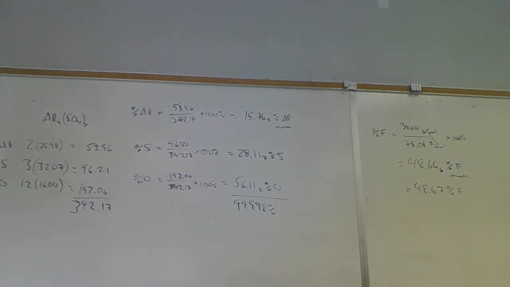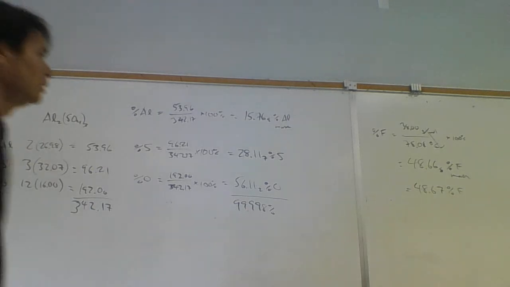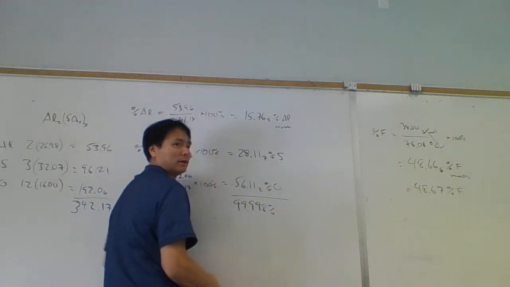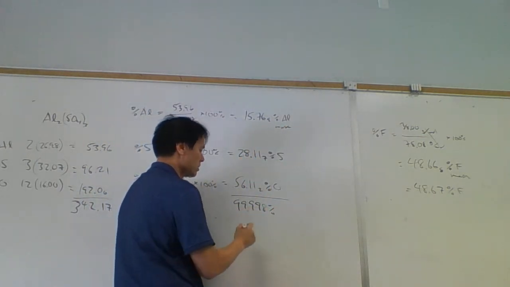What would you attribute that to? Was there some kind of impurity in there? No, there's no impurity because we have pure aluminum sulfate. You can't throw anything hidden in there. And so why isn't it adding up to 100%? Yeah, because of round off error. If I didn't round these and I carried all the digits in my calculator, it'd add up to 100%.